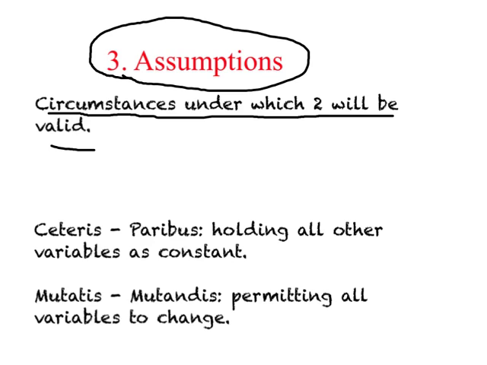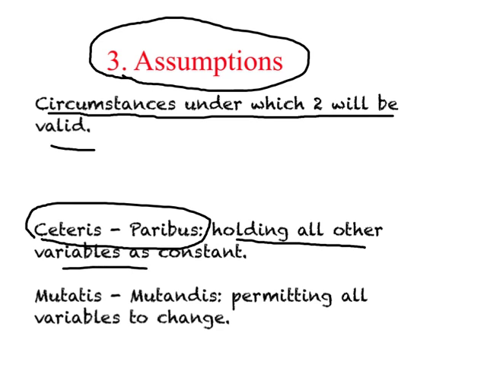Another thing under assumptions you should remember is we can use two types of analysis or assumptions, one called ceteris paribus. Ceteris paribus is a simplifying assumption, and by this we mean holding all other variables as constant.